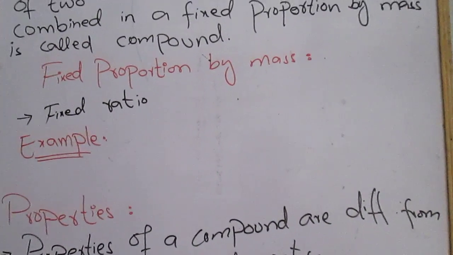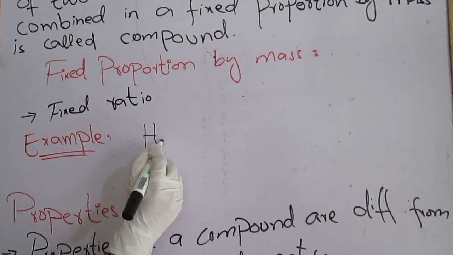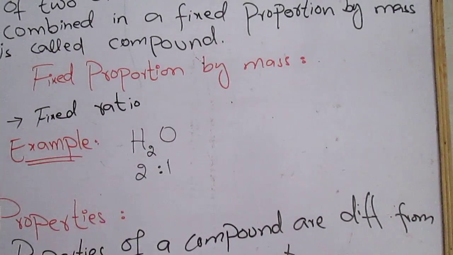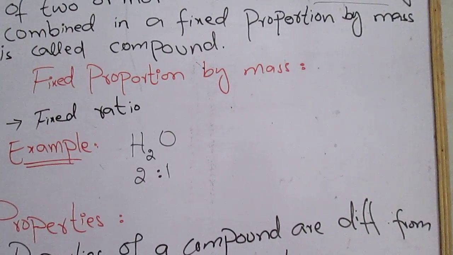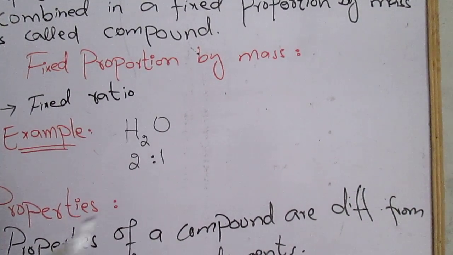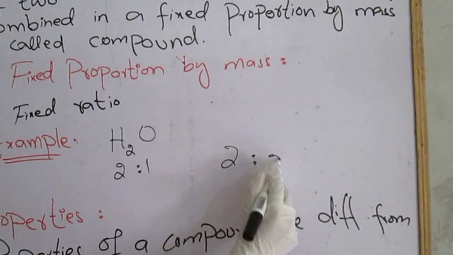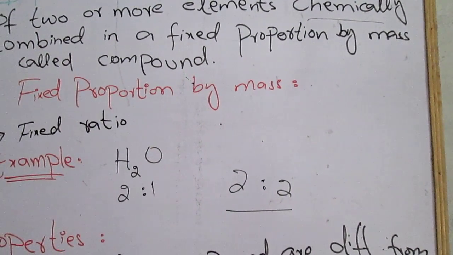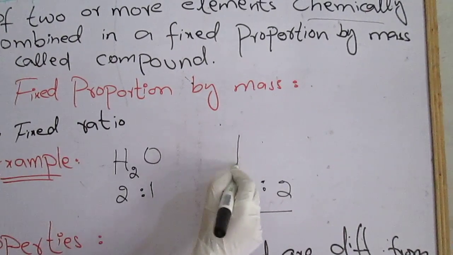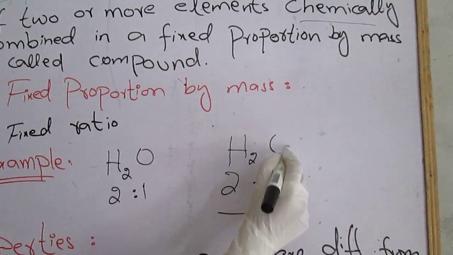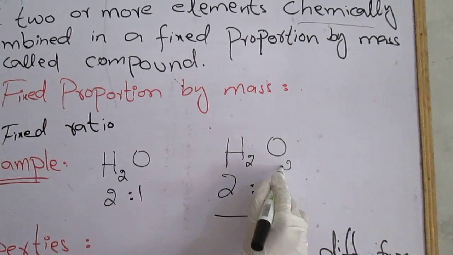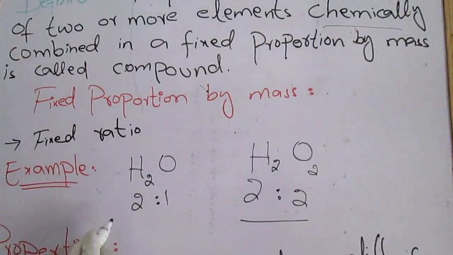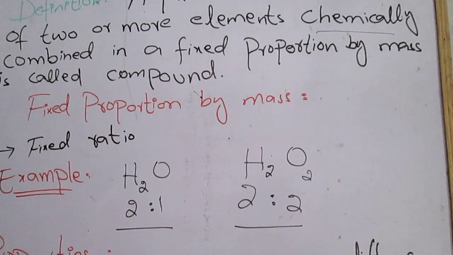How is this? For example, water. Here the ratio of hydrogen to oxygen in water is 2:1. When we change the ratio from 2:1 to 2:2, this compound is no longer water, because here the ratio of hydrogen is 2 as well as the ratio of oxygen is 2, while in water this was 2:1.